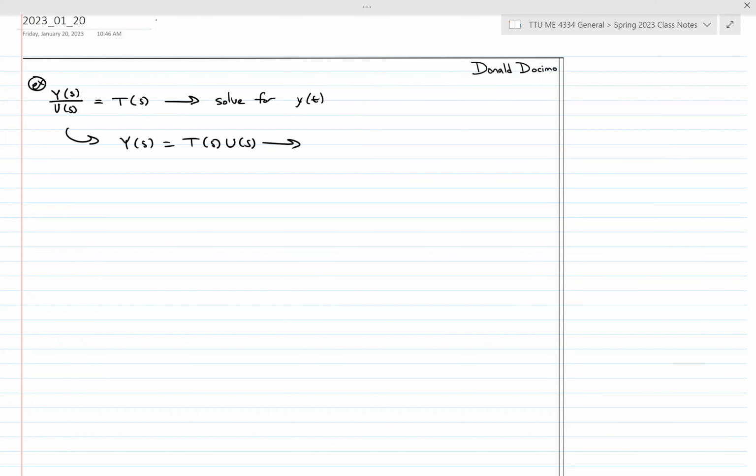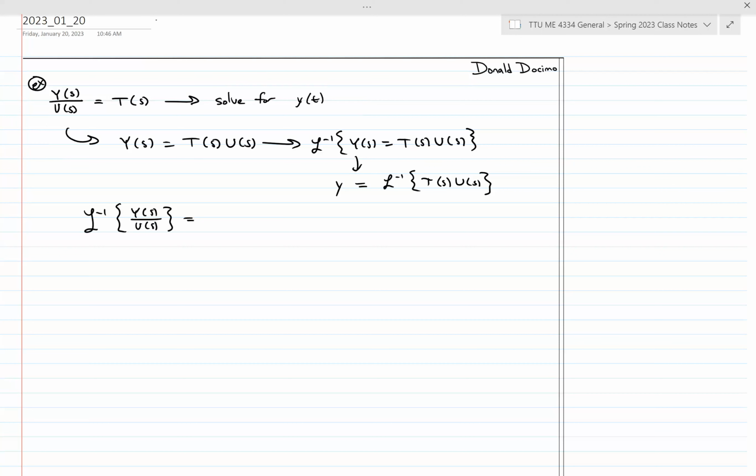And then we can do an inverse Laplace transform of this entire thing to get y as a function of time. It'll be the inverse Laplace transform of T of s times u of s. We cannot do the inverse Laplace transform of y of s over u of s is equal to the inverse Laplace transform of T of s. You're not going to get the right result there, right?